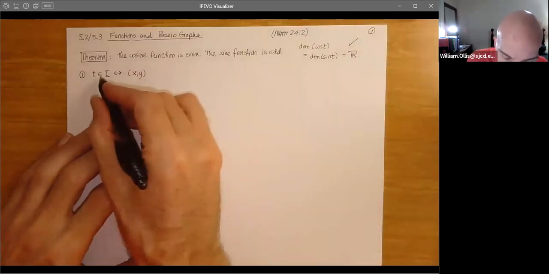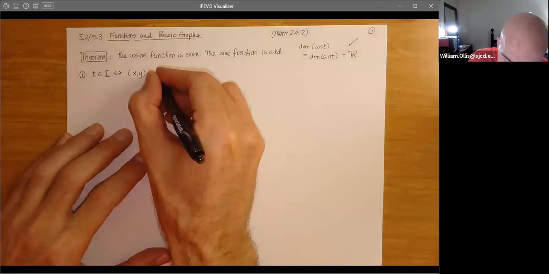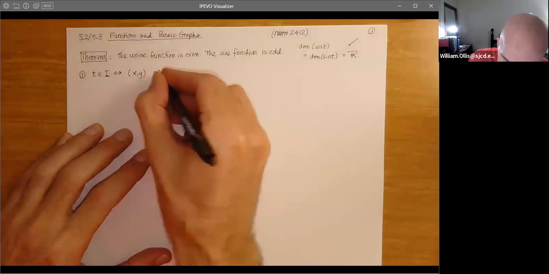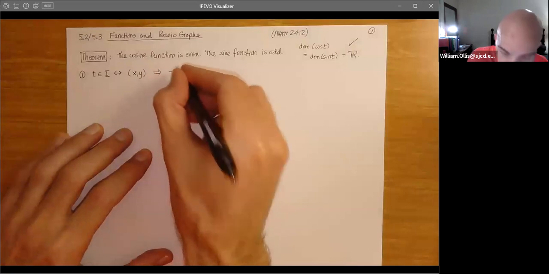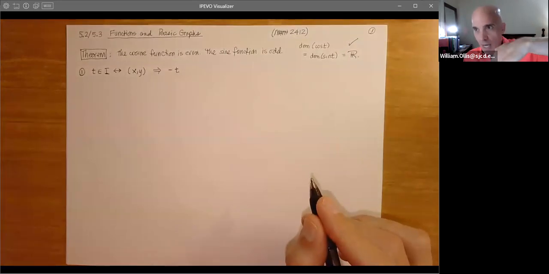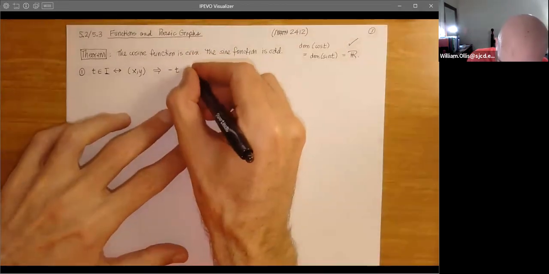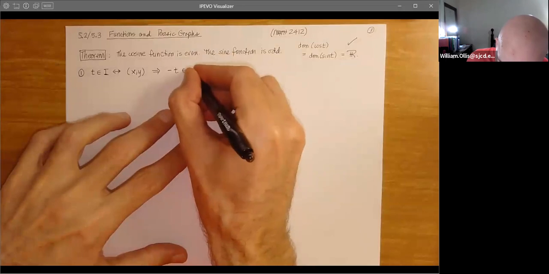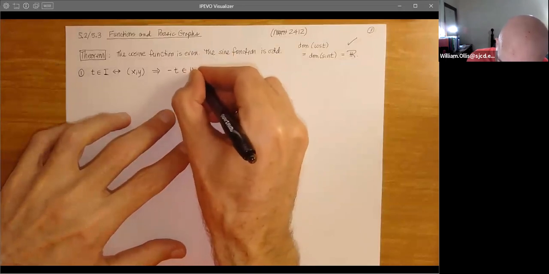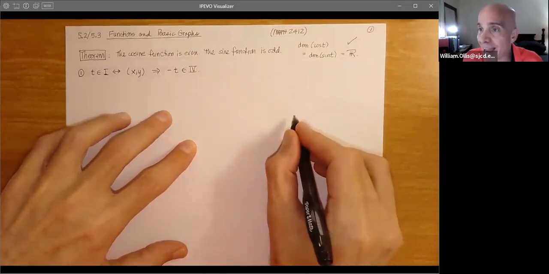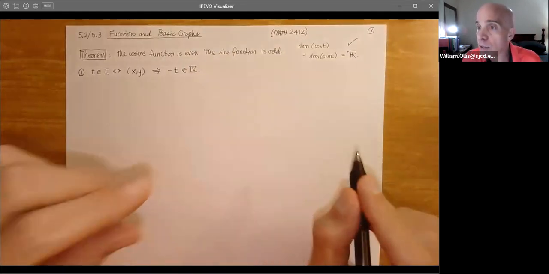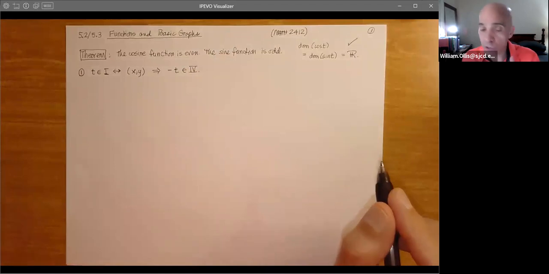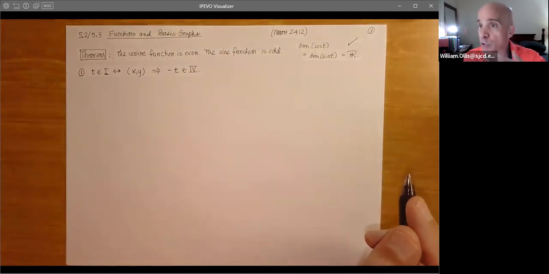And so now if we have T in the first quadrant, this will imply that the negative T going in the opposite direction will be in the fourth quadrant. So we've already used this argument before when we were talking about the values on the unit circle as far as their terminal points.